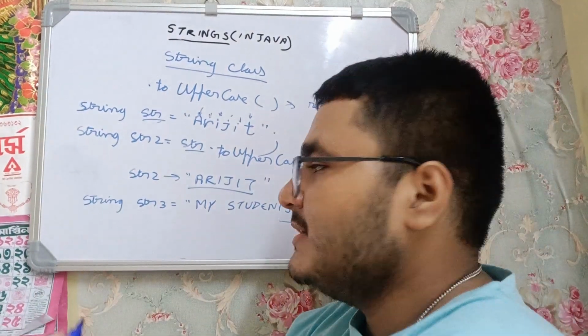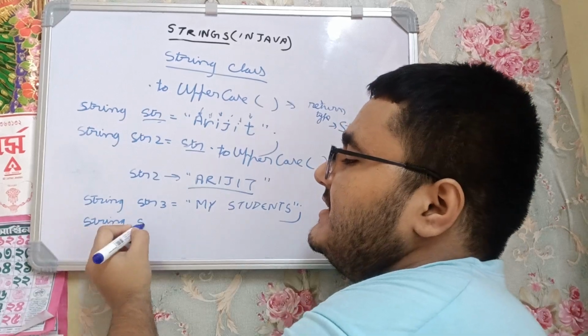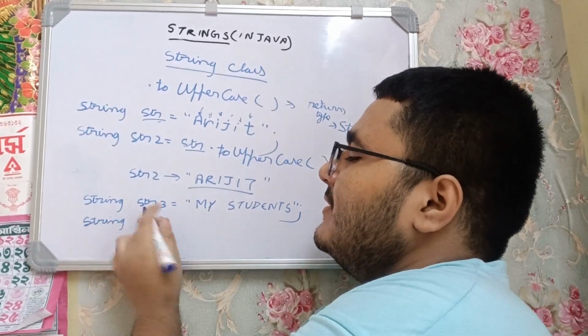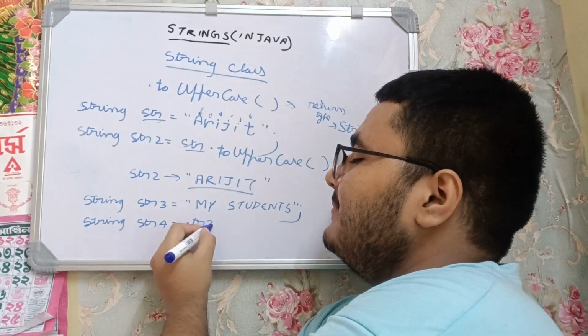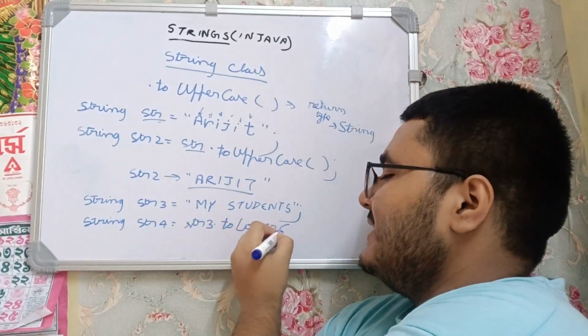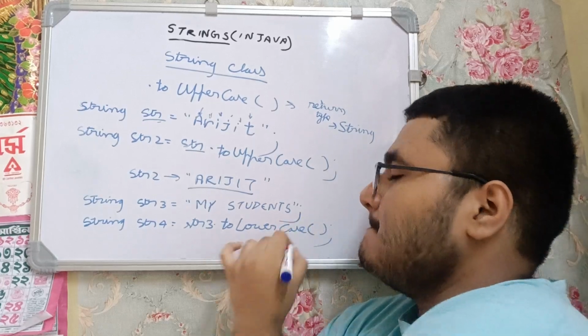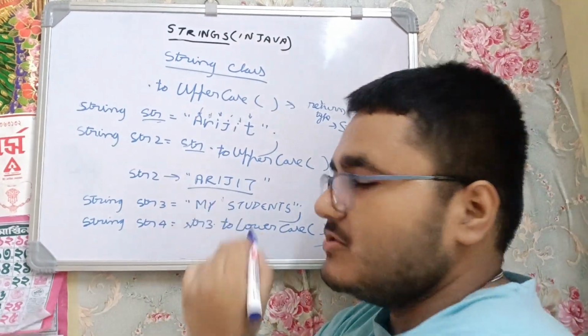Okay, and I am writing string str4 is equal to str3.toLowerCase(). So what will it do? It will ignore the blank space also.